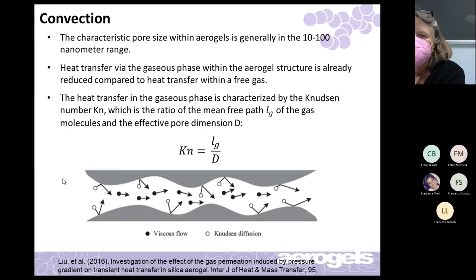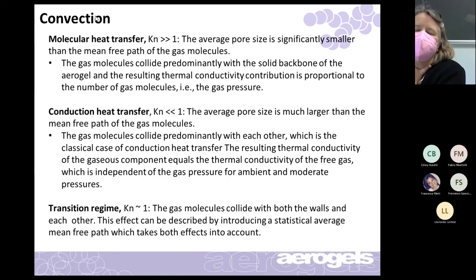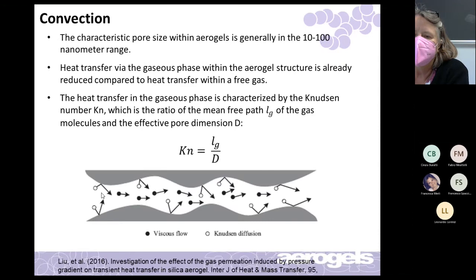Knudsen number greater than 1 means the average pore size, the diameter, is significantly smaller than the mean free path of the gas molecules. So that is this case. Those gas molecules are likely to just hit the wall.